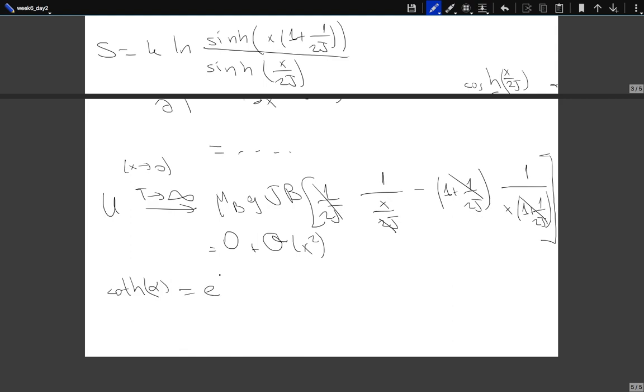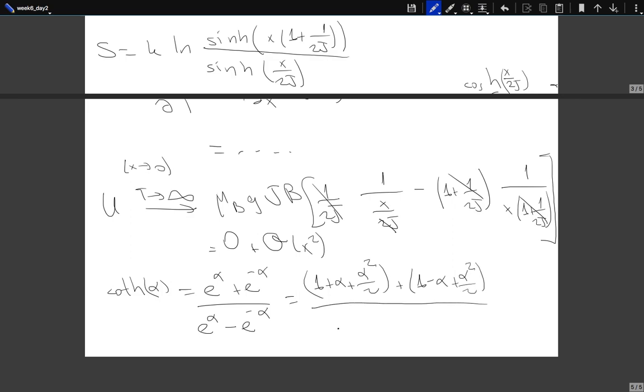So this is e to power alpha plus e to power minus alpha divided by e to power alpha minus e to power minus alpha. So this is 1 plus alpha squared over 2 plus 1 minus alpha plus alpha squared over 2, divided by the same things with a minus sign.